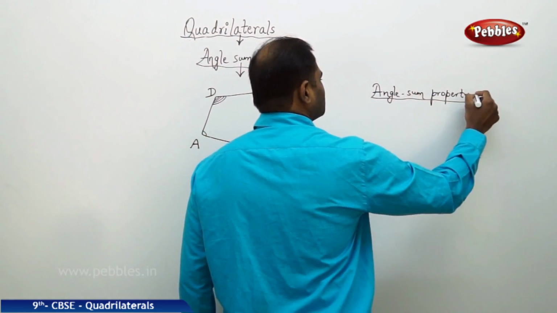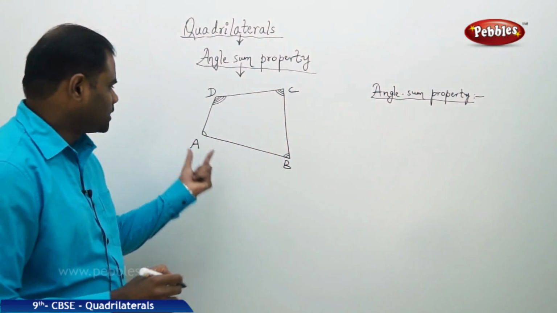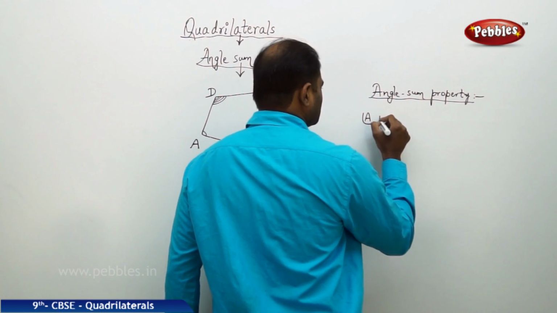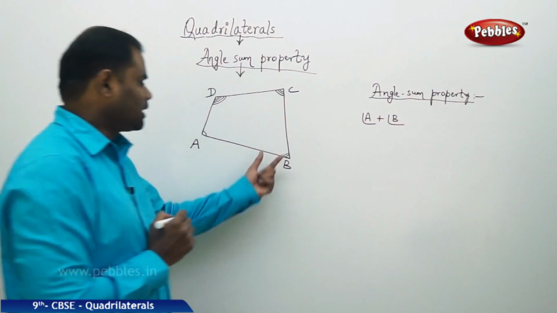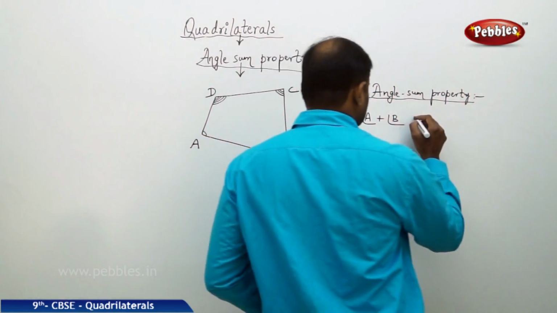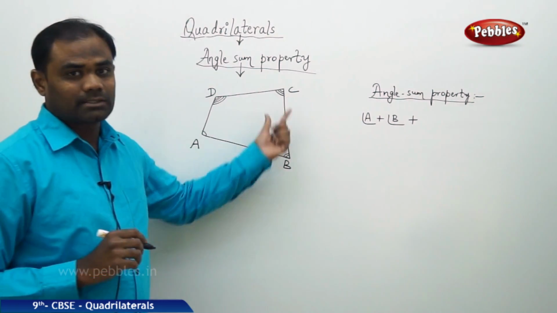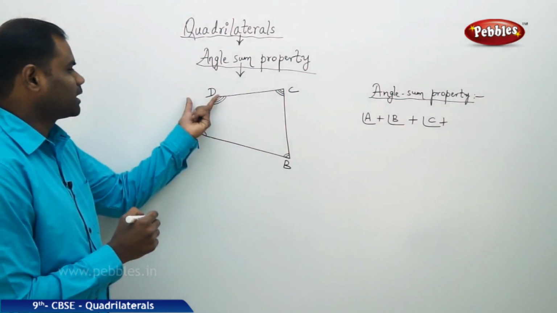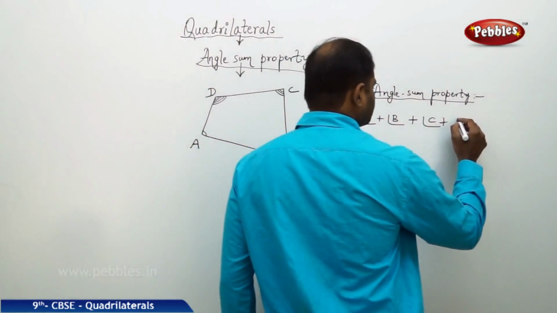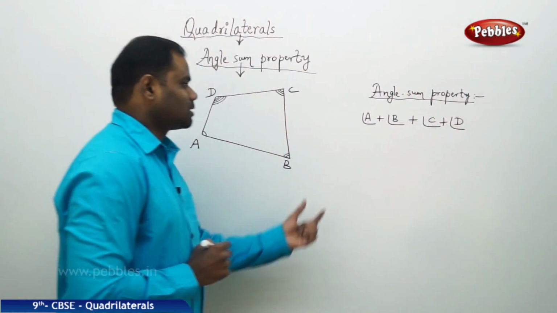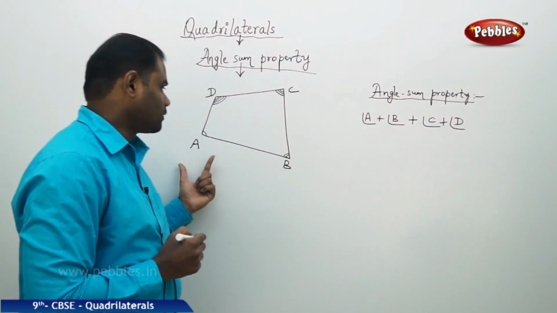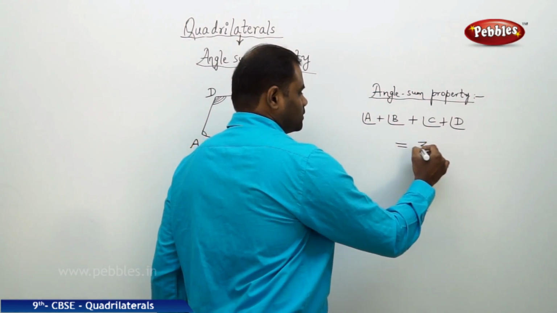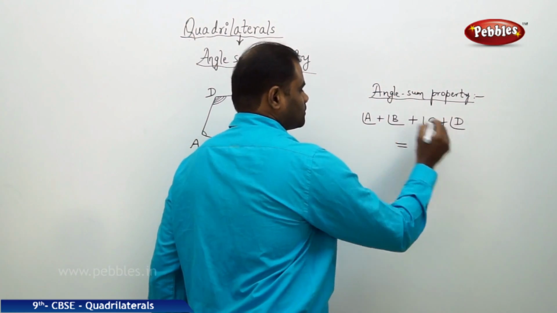Angle sum property says my angle A plus my second angle B plus my third angle C plus my fourth angle D, which is the sum of all four angles of a quadrilateral, is equal to 360 degrees.